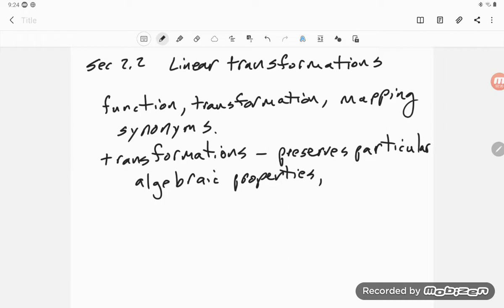Or maybe it has some geometric aspect. And so maybe that's what's going on. So perhaps it preserves the general shape, or it preserves distances, or it preserves area, things like that. So you'll tend to see the word transformation used then.